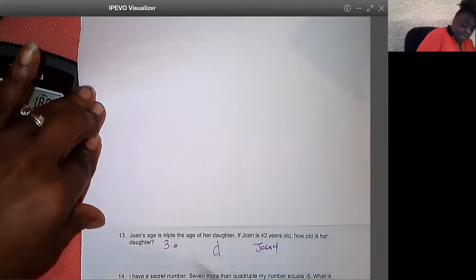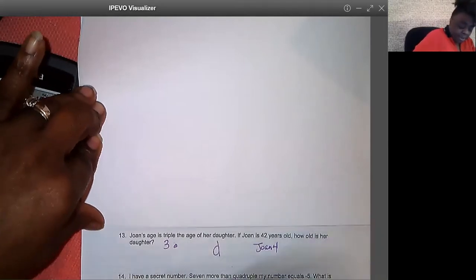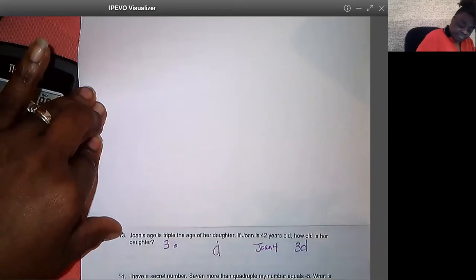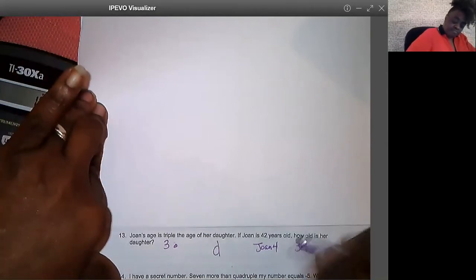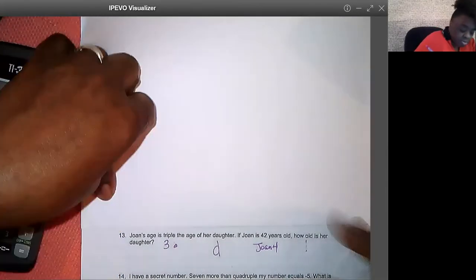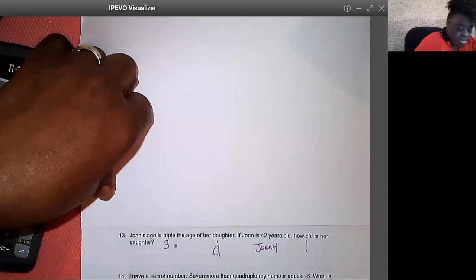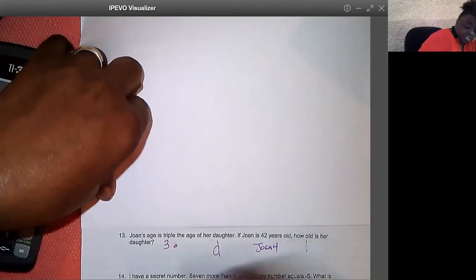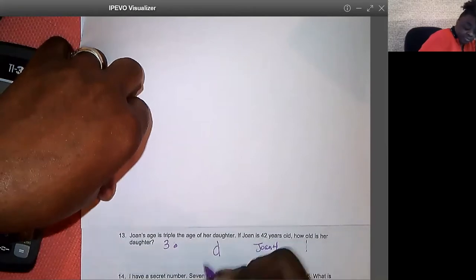So to make that into an algebraic expression, I'm thinking we're going to have 3D. Oh no, let's take that back.